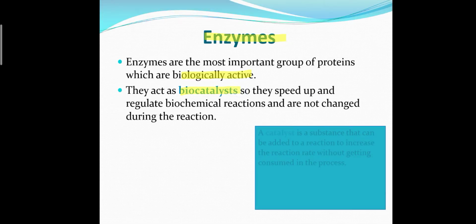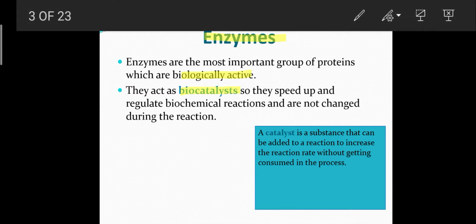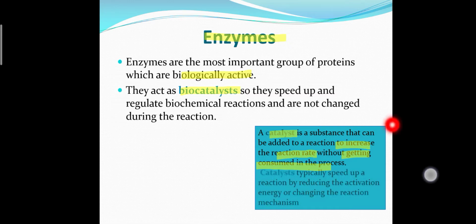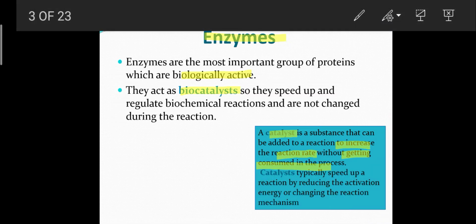A catalyst is a substance that can be added to a reaction to increase the reaction rate without getting consumed in the process. So catalysts speed up a reaction by reducing the activation energy or changing the reaction mechanism.